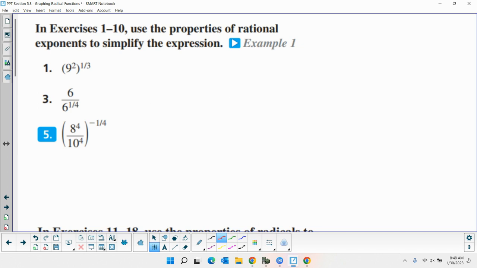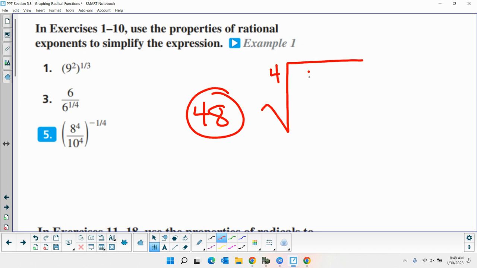4th root of K to the 16th over 16Z the 4th. All right, so we just did 16. There's 4 2's, right?